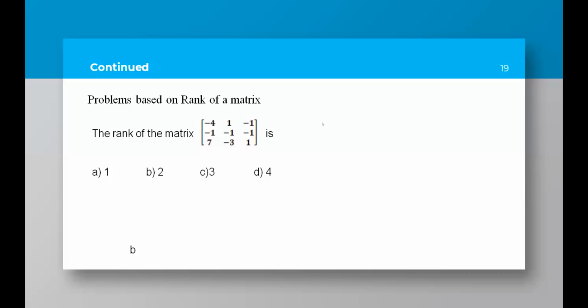Till now only one has solved. She got the right answer. Did any others get the answer, the rank of the matrix?